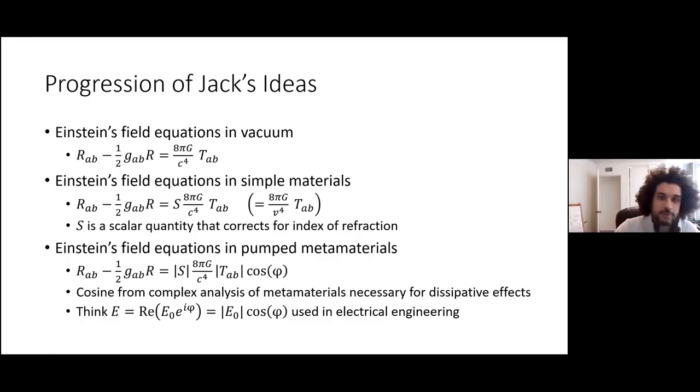And so now when we go into simple materials, you could imagine this c to the fourth getting some correction factor from the fact that it's really like a v to the fourth now, because all the gravitational waves inside the material do not move at the speed of light anymore if we had some material. And it doesn't even need to be too exotic, even just water, right?